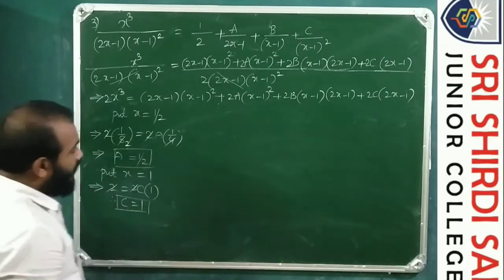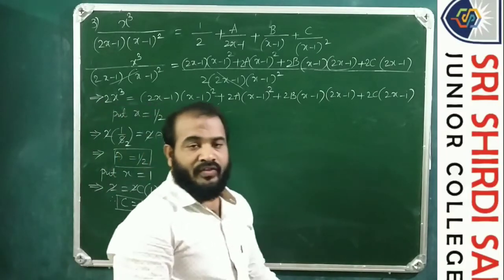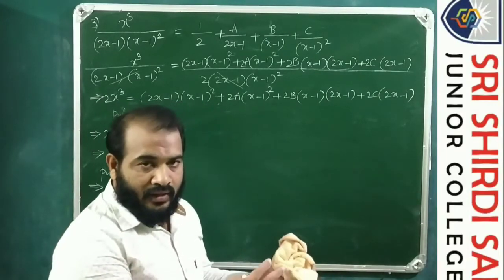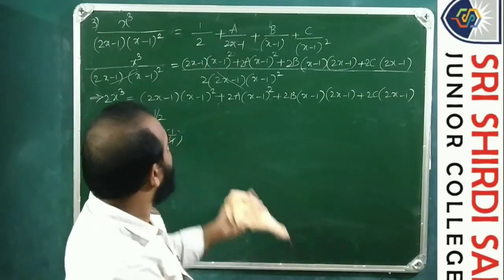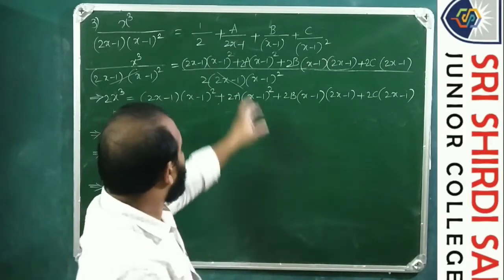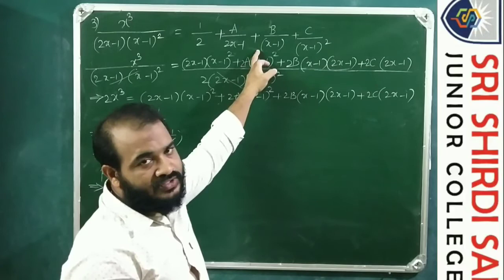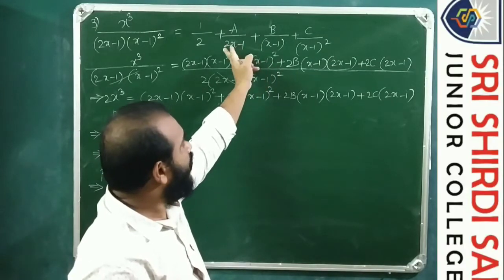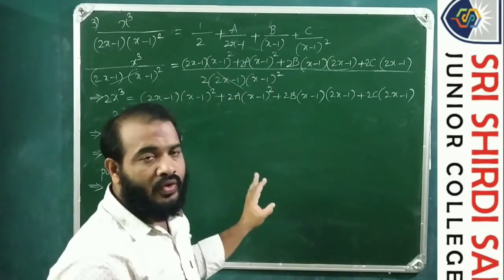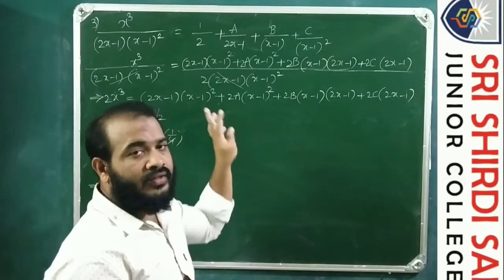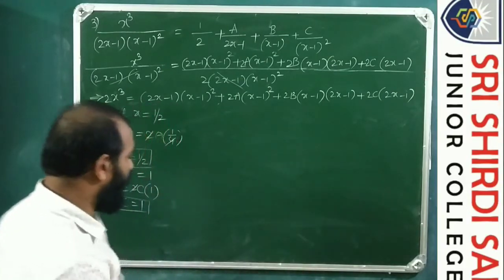Now we are not left with any root because there are only 2 roots. Therefore we have used x equals to half and x equals to 1. So all that we need to do is comparing coefficients on both the sides.